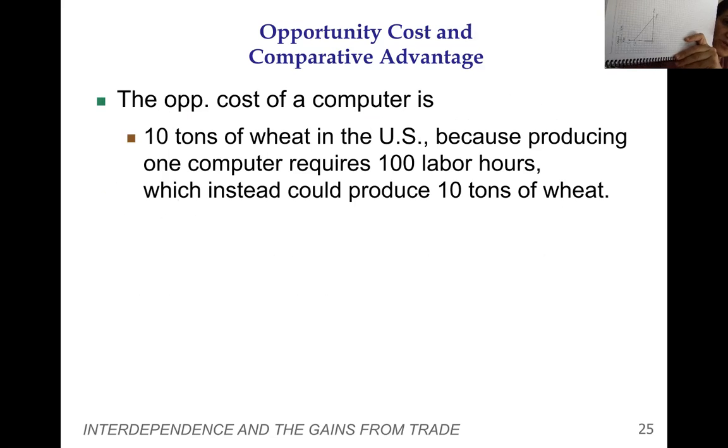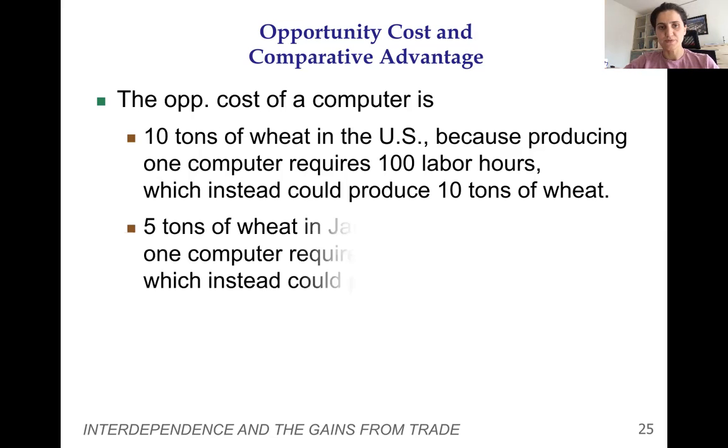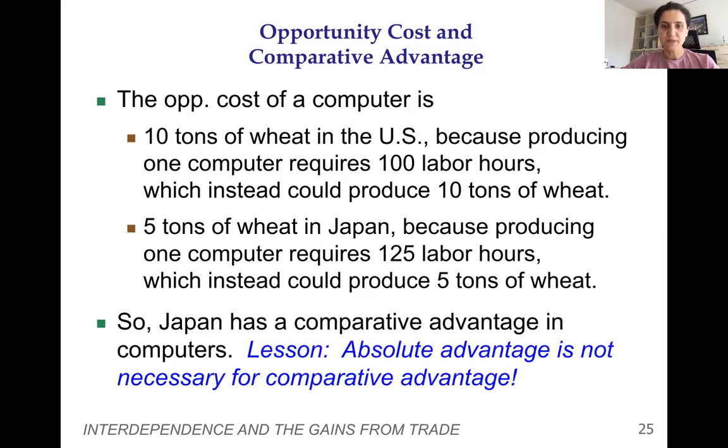In order to produce 1 unit of computer, how much wheat should it drop? 10 tons of wheat it should drop in the US, but it is 5 in Japan. So the opportunity cost of computer is lower in Japan. So Japan has a comparative advantage in producing computers.